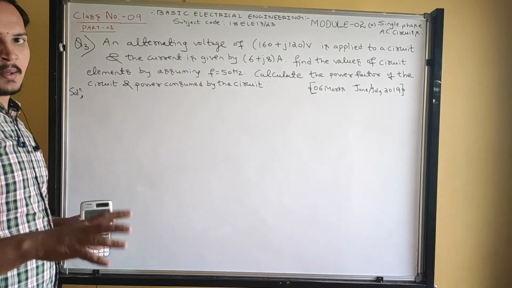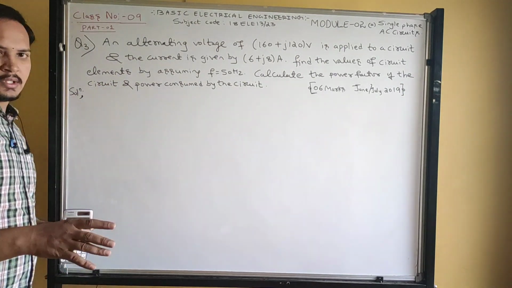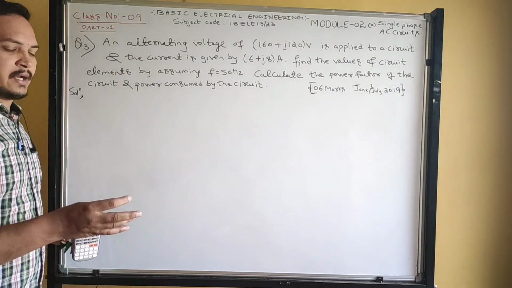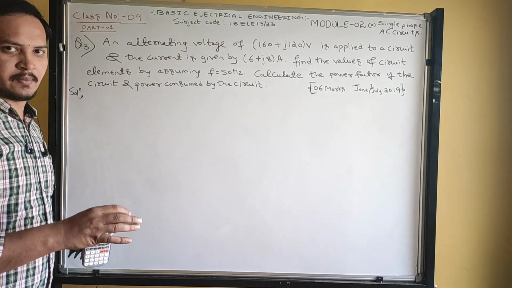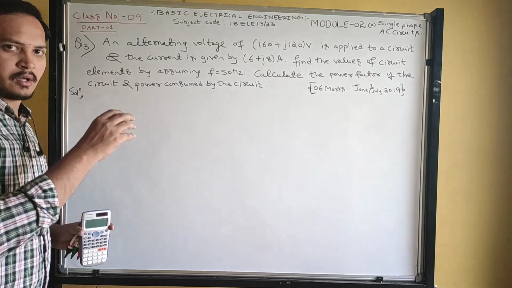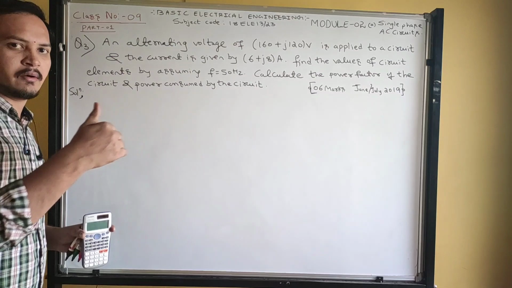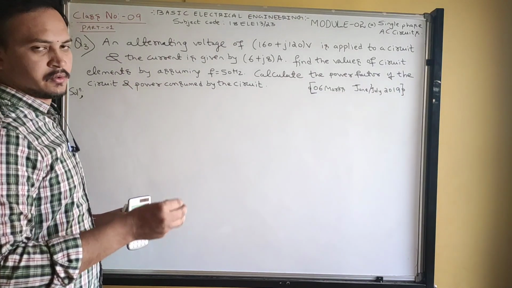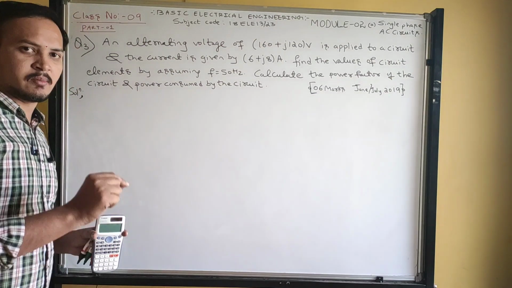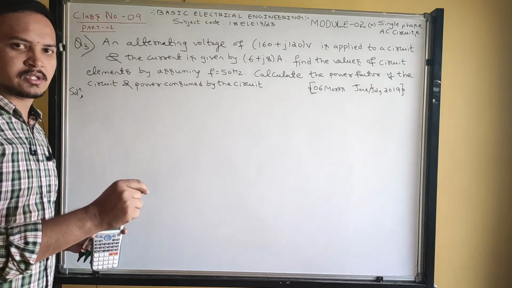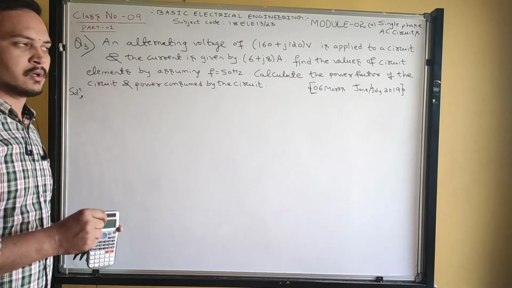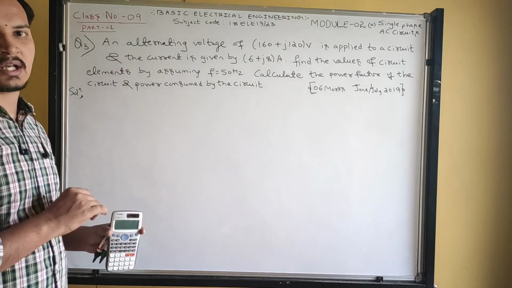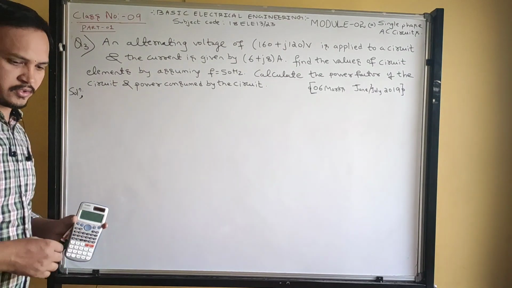Whatever problems I am going to solve are related to the 18 scheme only, and also the 17 scheme and 15 scheme. The syllabus is not changed for all the schemes, only the contents have been interchanged. For the 18 scheme, single phase AC circuits is in module 2. For the 17 scheme it is in module 3. For the 15 scheme it is in module 4. Like that they interchange the contents, but we can take those questions.